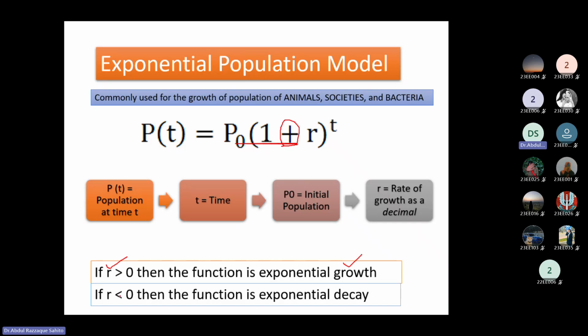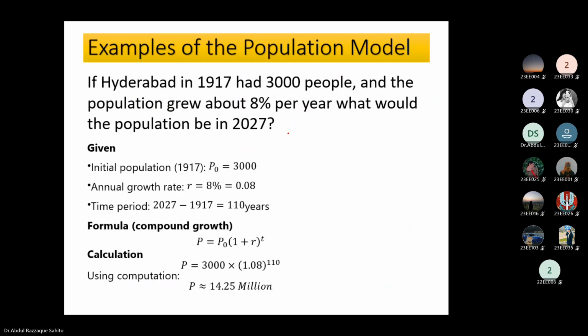And when r is less than 0, the function is the same exponential, but this time it becomes decay, a decreasing function. So remember this equation. I will use the same equation, but in spite of this plus sign, I will consider a negative sign.